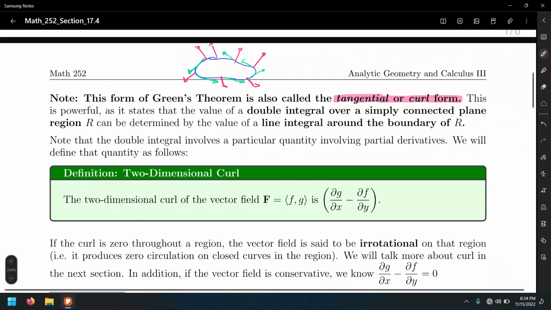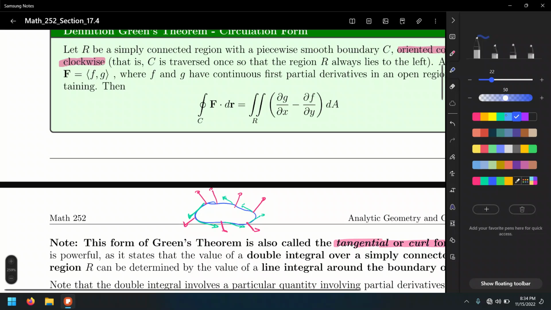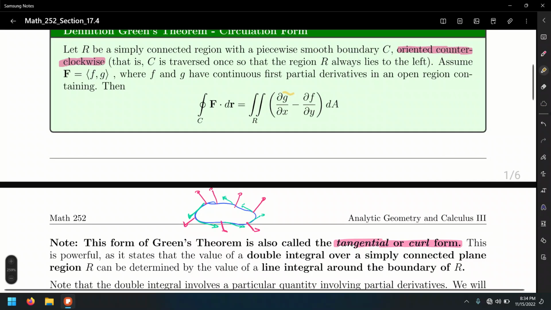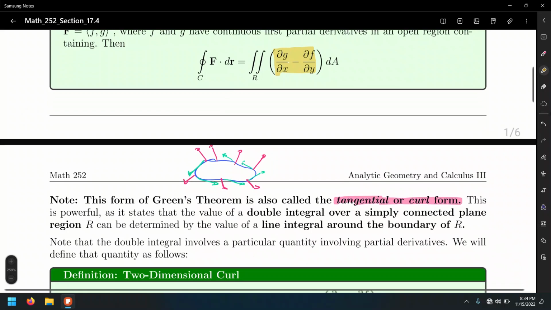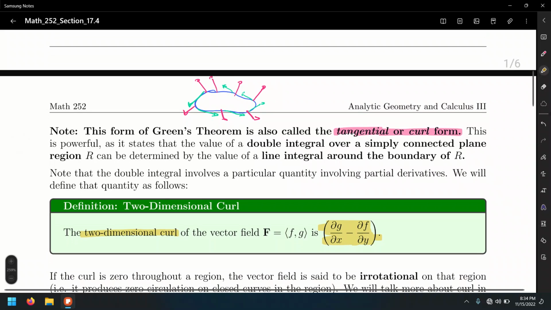Now, this quantity that you see here in the double integral, this difference of the partials here, this is called the two-dimensional curl. All right, that's the two-dimensional curl, and that's what describes the circulation.